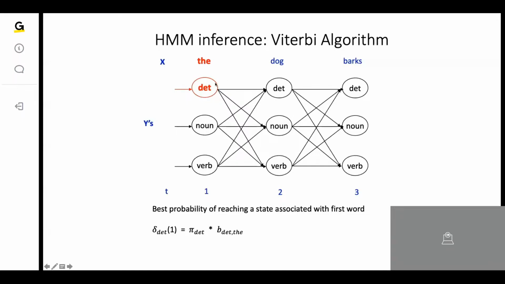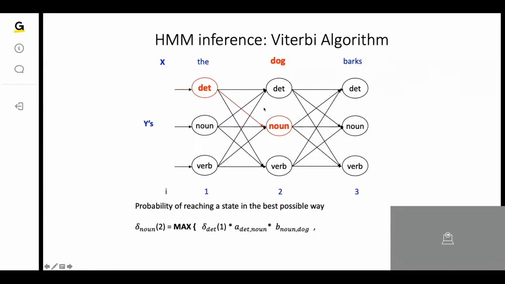And in order to compute the path, we have to multiply with the transition probability. After multiplying with the transition probability, we reach the state noun and emit the symbol dog, which is indicated by the emission probability b of noun comma dog. This is the first term, and we have to compute all possible paths.